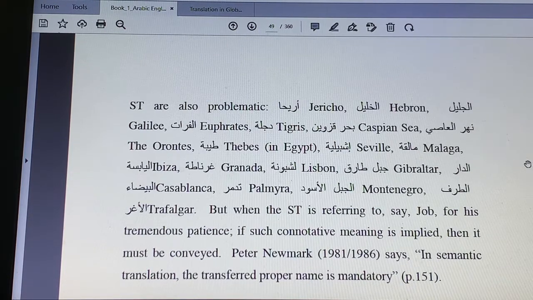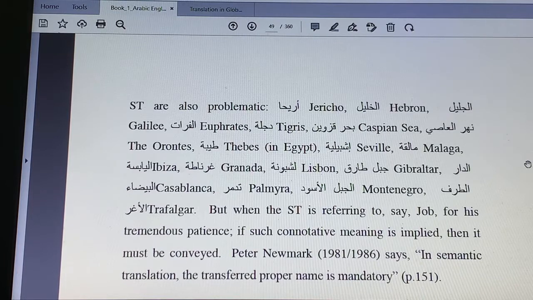So we have Ariha, Jericho, Al-Khalil, Hebron, Al-Jalil, Galilee, Al-Furat, Euphrates, Dajla, Tigris, and Caspian Sea, Bahr Qazwin, Nahr al-Asi, the Orontes, Tiba, Thebes in Egypt. Of course, there's Tiba, which is here for Al-Medina, but that's not Thebes.